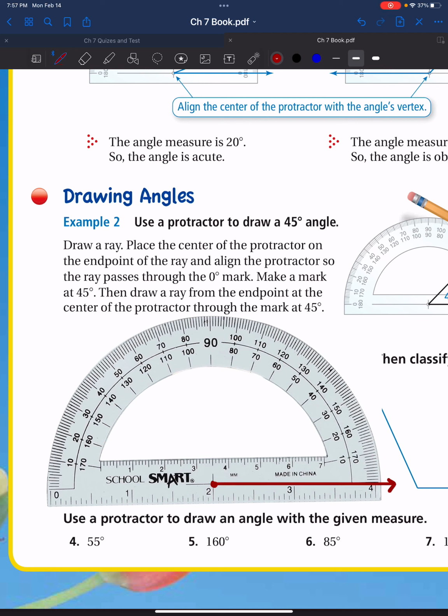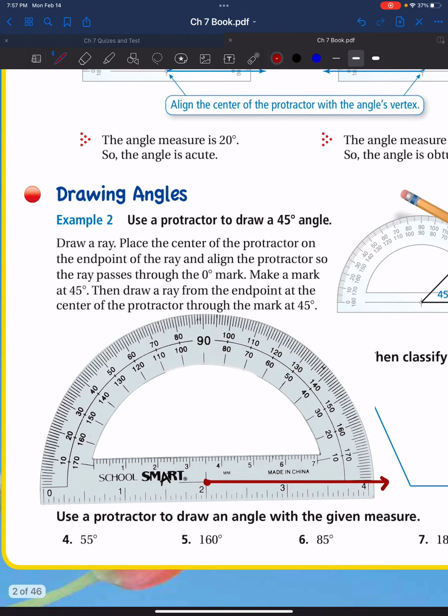Okay, so there's 160. So I would go 10, 20, 30, 40, 50, 60, all the way over to this guy. So I draw a line out here, and then I would use my straight edge to help me get it to my vertex perfectly, and then draw my arrow. Okay, 85 degrees.